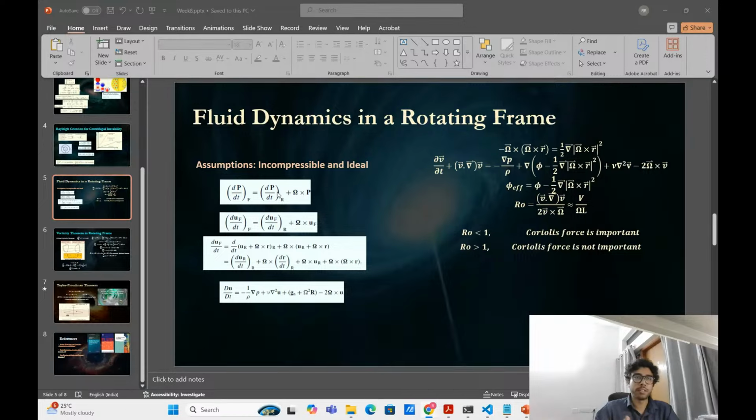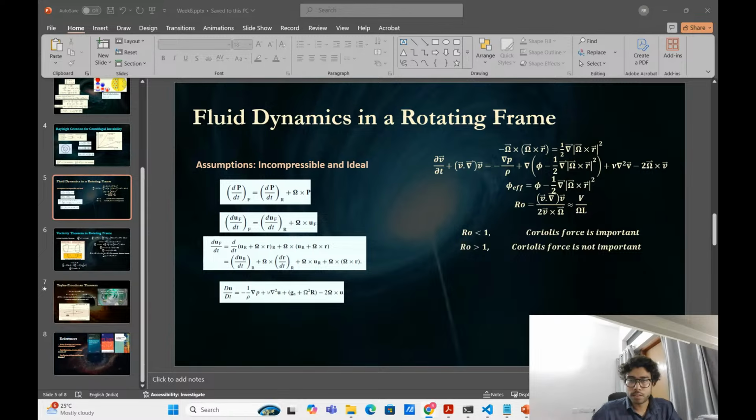The fluid is not exactly moving with the jar; it could have a different velocity, if p is the velocity vector, with respect to the frame fixed to the jar, the rotating frame.